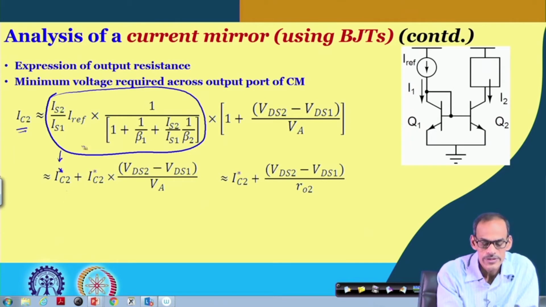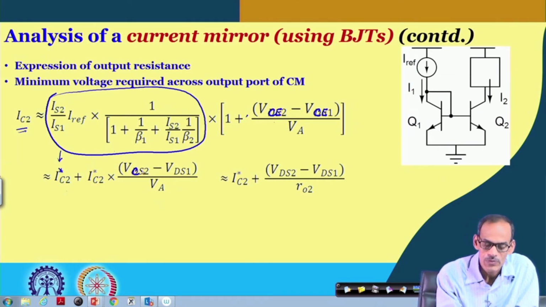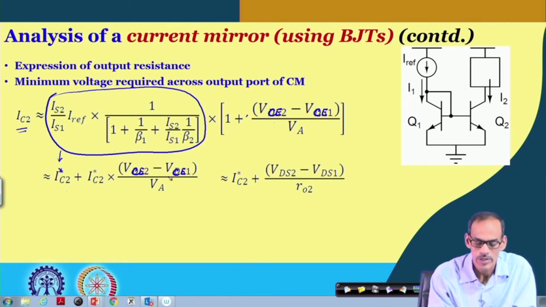So, if I say this is IC2 star, then we have here IC2 star multiplied by this factor. Again, I have repeated this mistake, sorry for that. VCE2 minus VCE1.